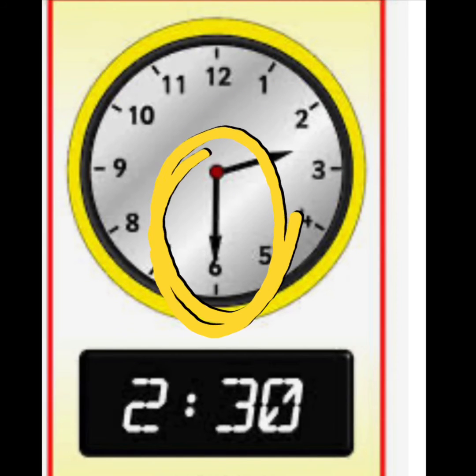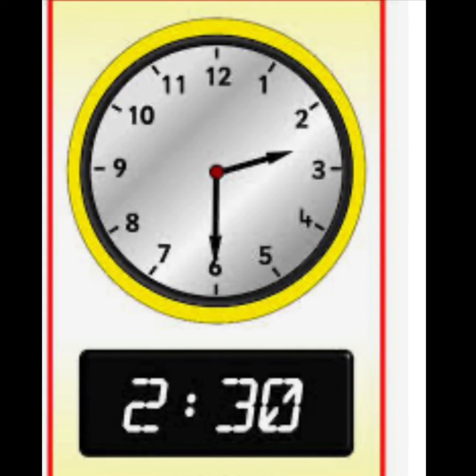And now pay attention to the minute needle, that is the long needle, where it is pointing at 6. As I told you, whenever it is half past, the long minute needle always points towards 6. In an analog clock, we show 2:30 like this. And in a digital clock, we show half past 2, or 2:30, like this.